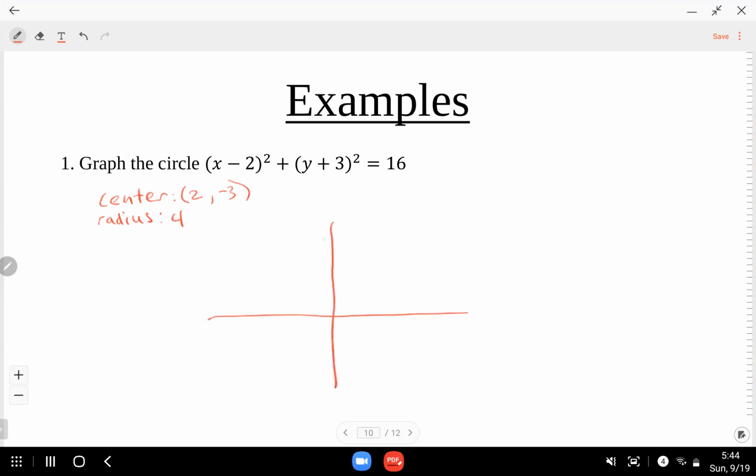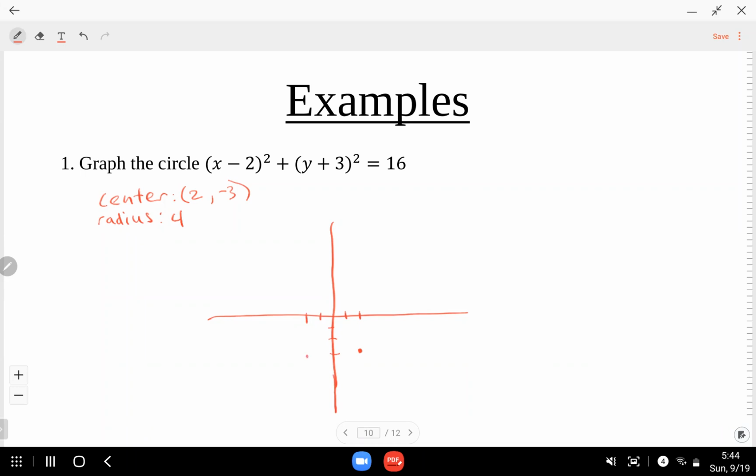Okay. 1, 2, 1, 2, 3. It's over here. So if we were to graph this, we would need a radius of 4, right?